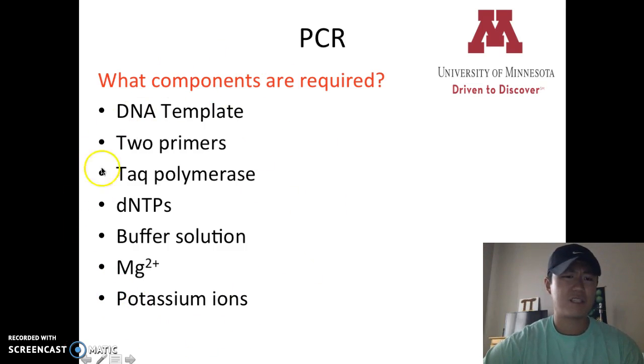I highly suggest you look into these components because without these, you can't really start PCR, right? So you need DNA template, two primers, Taq polymerase. We can talk a little bit more about what Taq polymerase is. dNTPs, buffer solution, magnesium, and potassium ions.